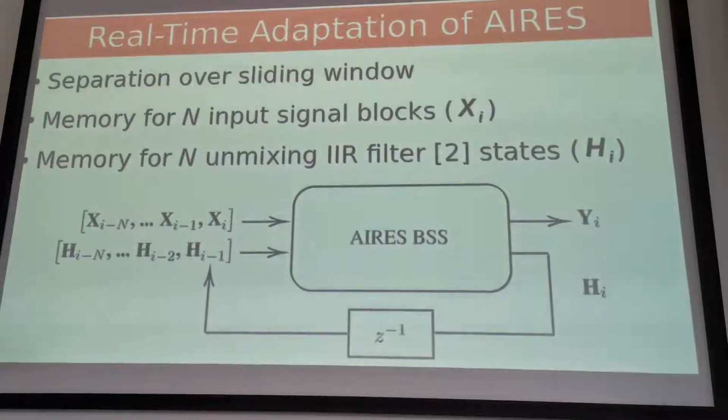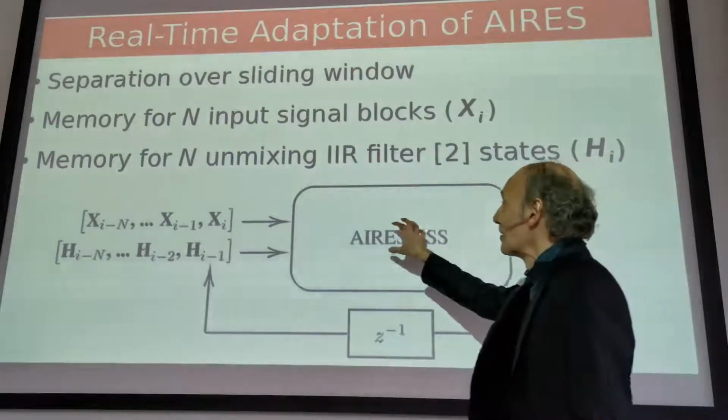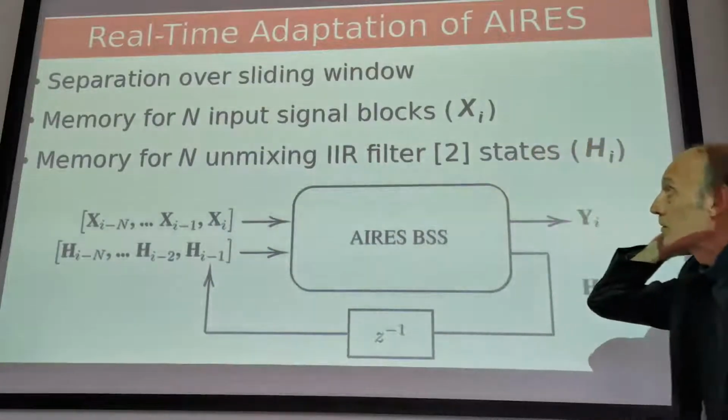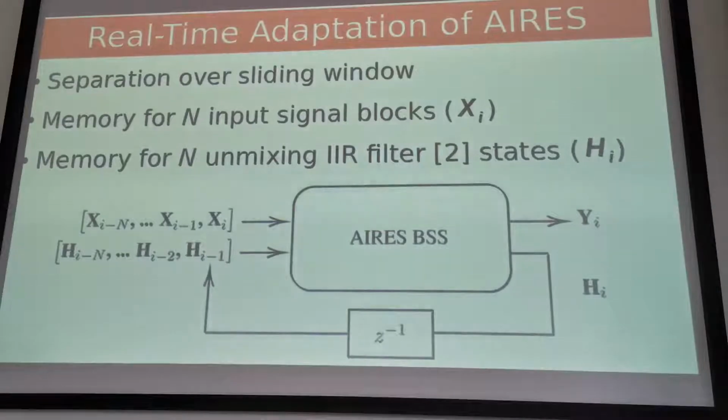So we call our system IGRIS, this separation system. And it can also work over sliding windows, which means it does constant updates. For instance, if people are moving, right, which is kind of natural. Like either you have hearing aids, then you move, and then the relative position of the sources changes.